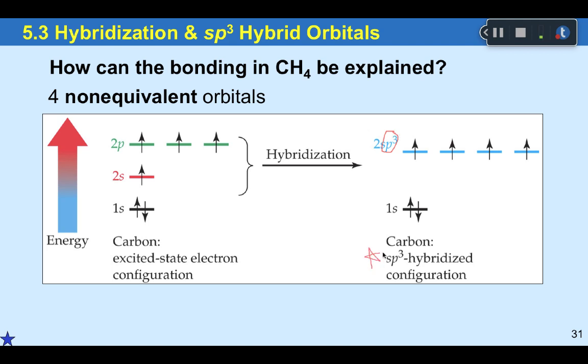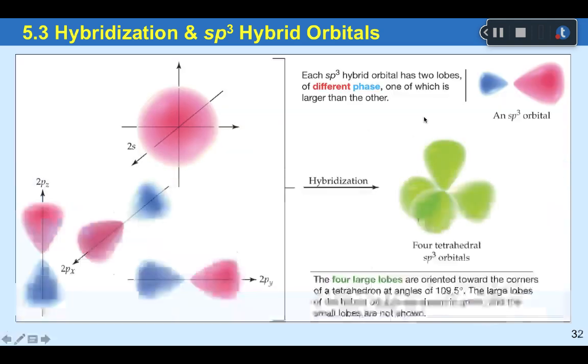The sp3 hybridized configuration means that those sp3 hybrid orbitals are all the same, 1 electron in each, and if you make bonds from carbon to hydrogen with each of them, the geometry should come out with equal angles all the way around, resulting in what we call tetrahedral geometry. So 4 equivalent orbitals result when they're hybridized.